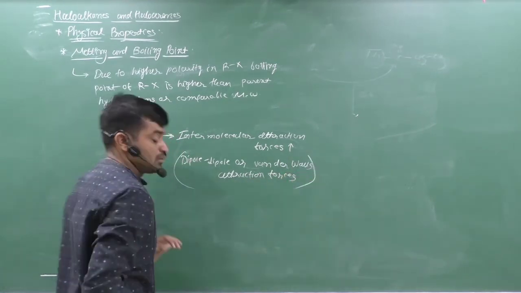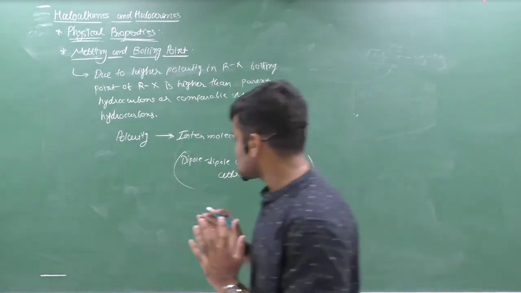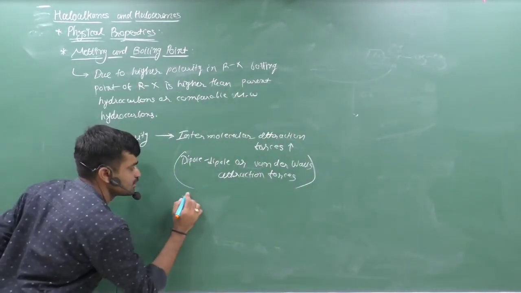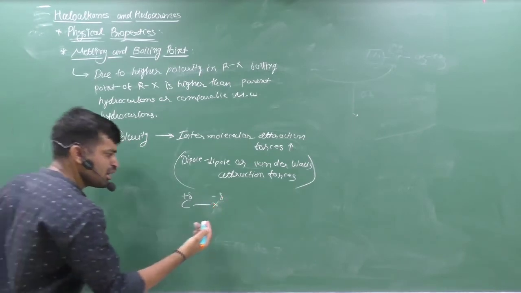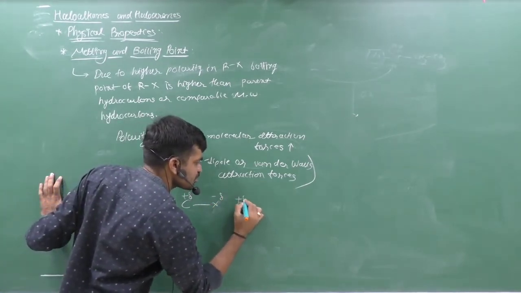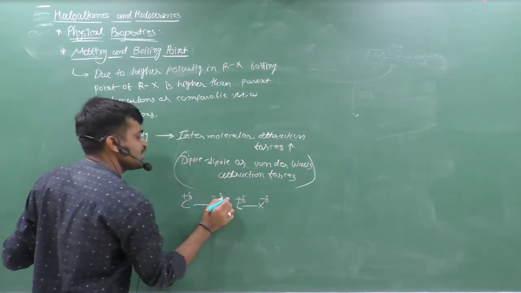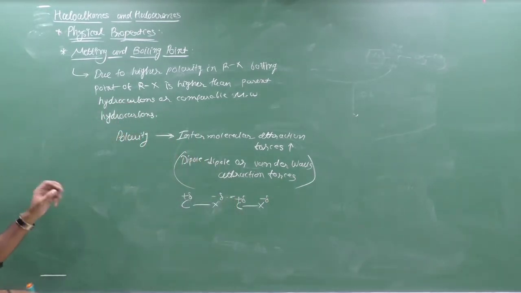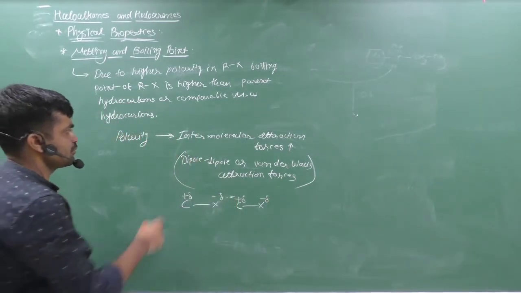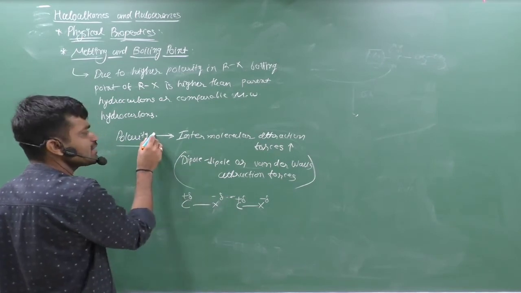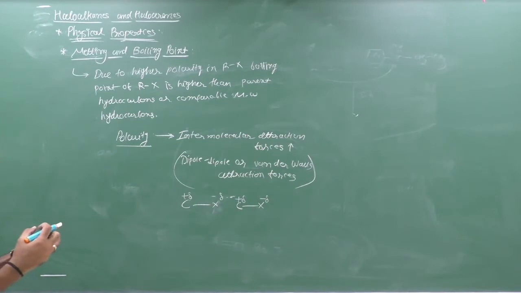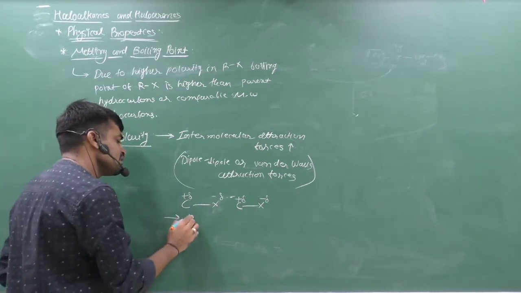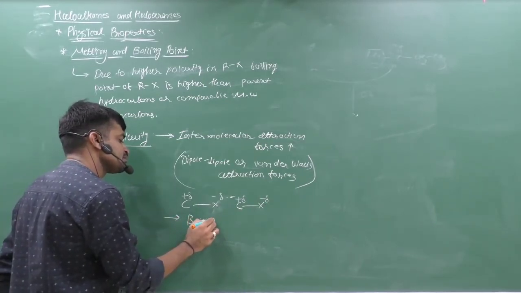Clear? If two dipoles are generated, partially positive and partially negative, the second molecule also has a dipole, partially positive and partially negative. They interact by dipole-dipole interaction or van der Waals interaction forces. Therefore, if polarity is there, then intermolecular attraction forces increase. If intermolecular attraction forces increase, then the boiling point increases.